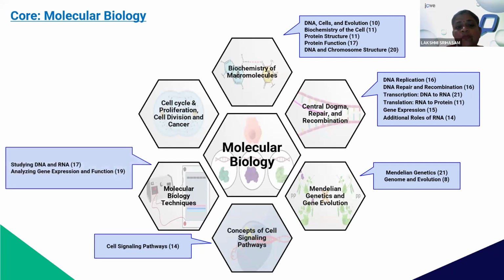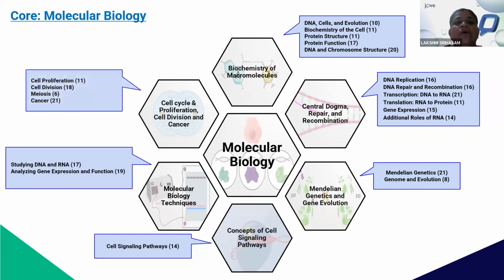Next, we have molecular biology techniques. Here we have the classical techniques of studying and manipulating DNA, RNA using electrophoresis, PCR, and other modern concepts like SNPs, CRISPR, and gene therapy are all described here. Concepts behind the experiments that are involved in these techniques are clearly explained in these lessons.